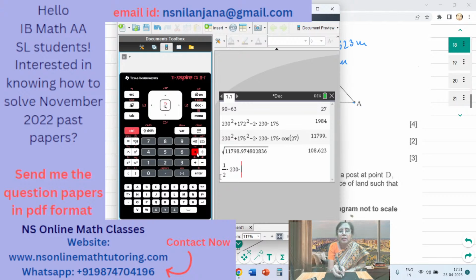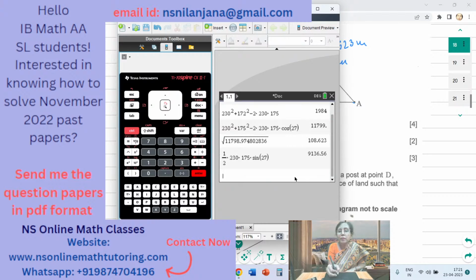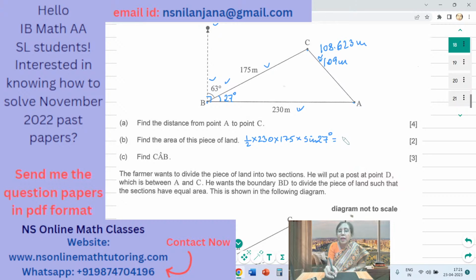Let us find out: 230 times 175 times sine of 27 degrees. What is the value? 9136.56 meters square.